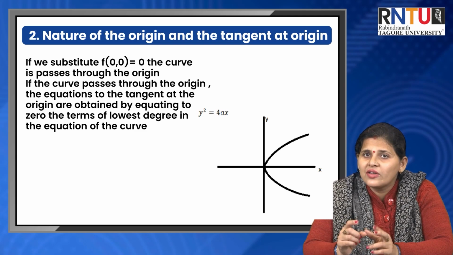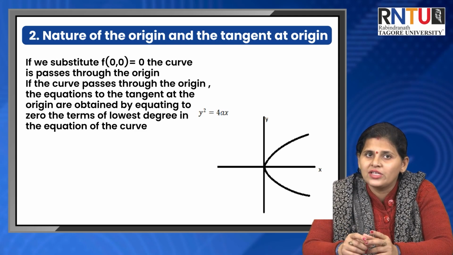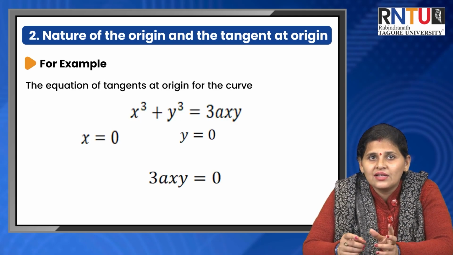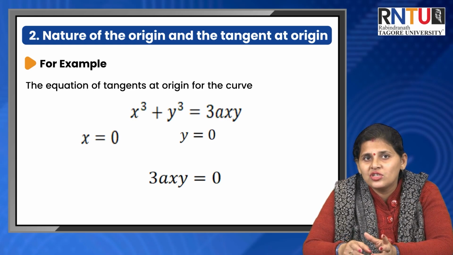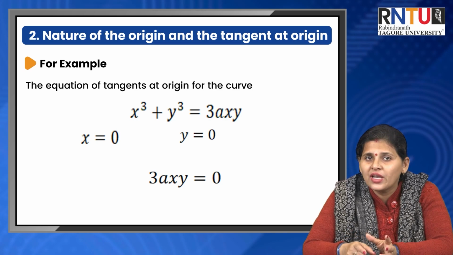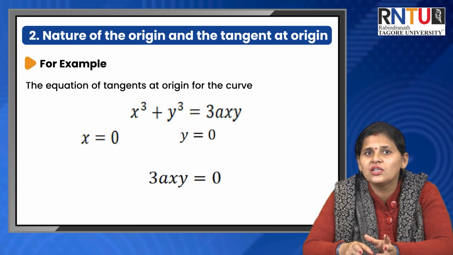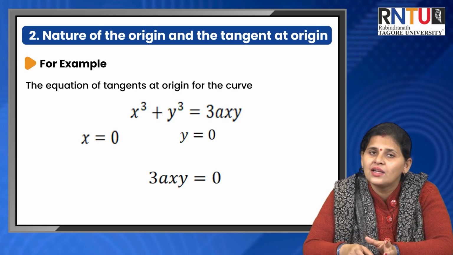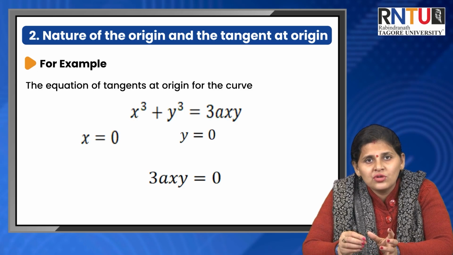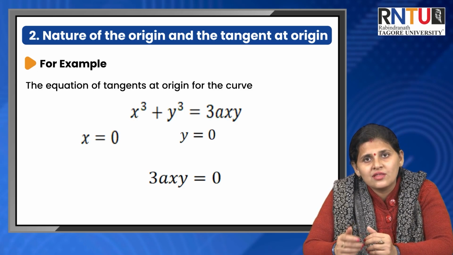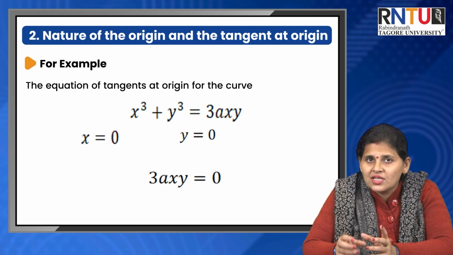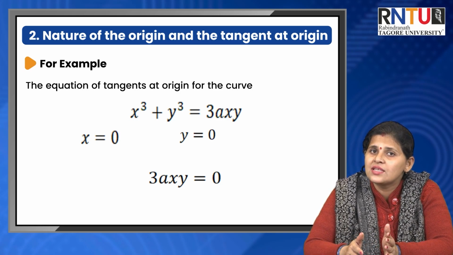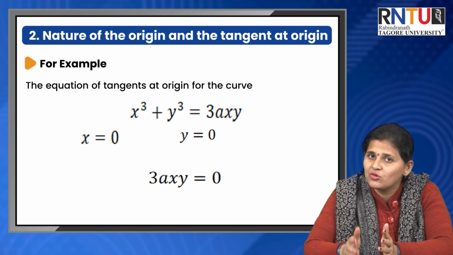Second, if the curve passes through the origin, the equations of the tangents at the origin are obtained by equating to 0 the terms of lowest degree in the curve. So we check that the curve passes through the origin.